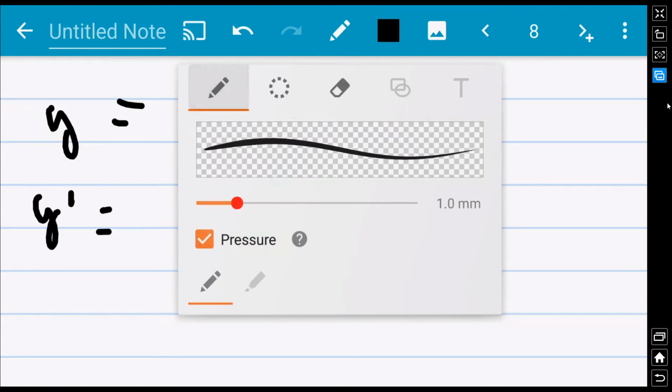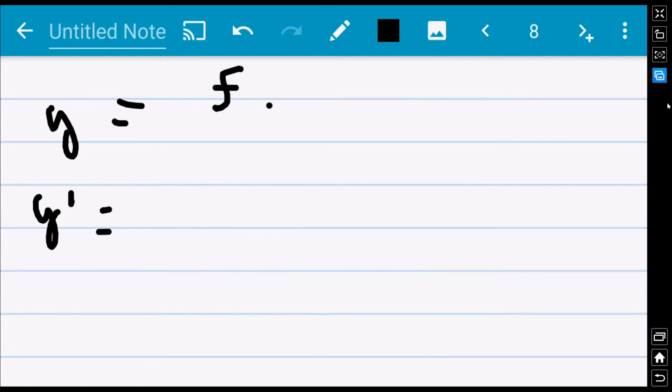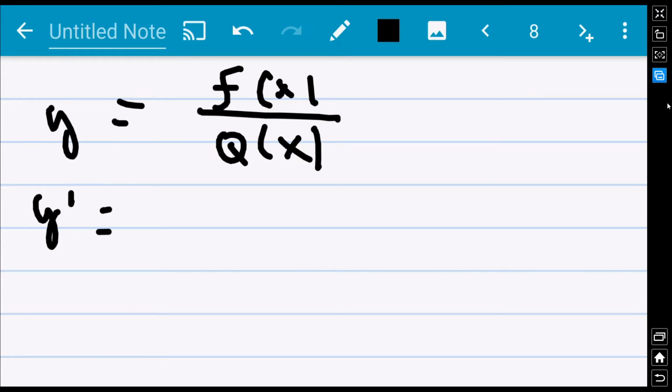So we have f of x over q of x. We call it q because it's called a quotient.